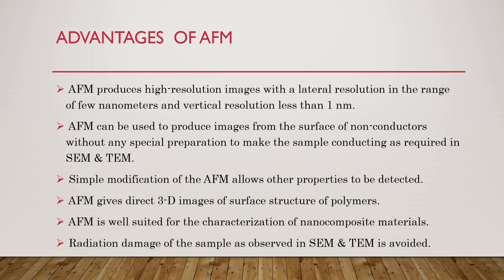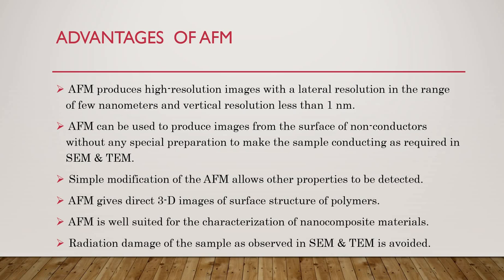Simple modification of AFM allows other properties to be detected. If the sample tip is ferromagnetic, then we can detect the stray magnetic field, thus showing the magnetic domain structure of the sample. AFM gives direct 3D images of the surface structure of polymers.